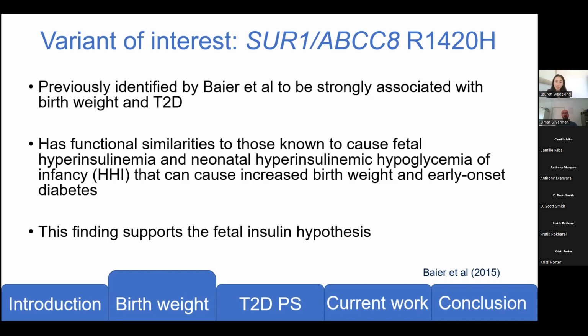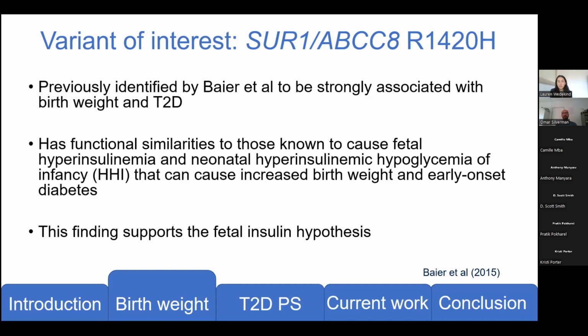That's a condition that can cause increased birth weight and also predispose somebody to early onset diabetes. So this variant has been shown by others in our group in a brilliant paper before to be related importantly to diabetes and birth weight.